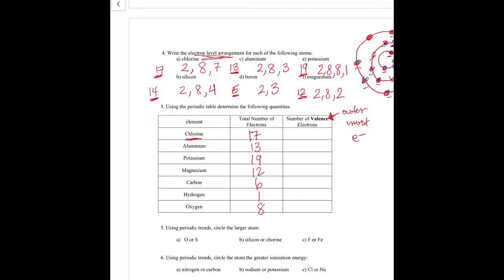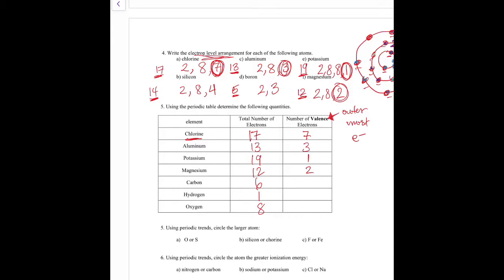So for example, chlorine, the outermost shell has 7 electrons. Okay? Aluminum, there's 3 electrons. Potassium, there's 1 electron. Silicon, no, we didn't do silicon. We did magnesium, there's 2 electrons. Okay, so did you notice any patterns there?